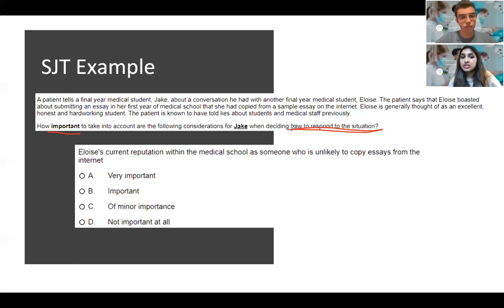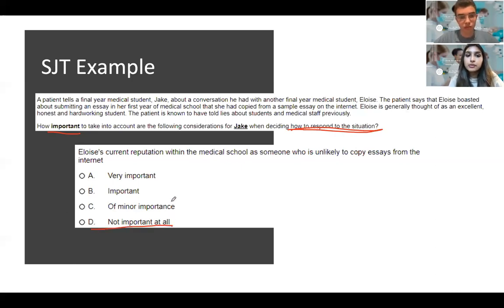Jake would probably talk to Eloise first and then speak to the medical school if need be. So Eloise's reputation actually wouldn't influence Jake's response to the situation, because he would still speak to her, and if she didn't comply, he would still speak to the medical school. So I would say this answer is not important at all.